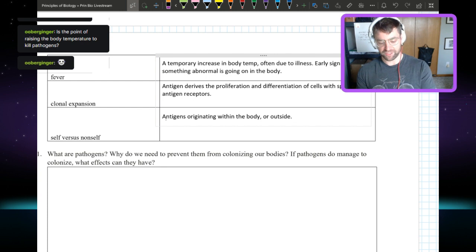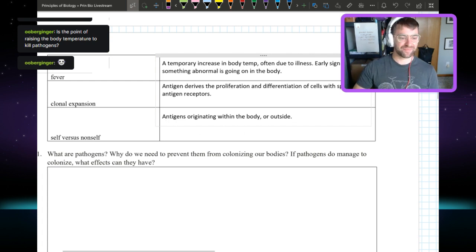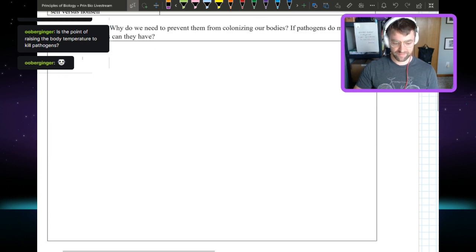Non-self, antigens originating outside the body. Would fever be considered an inflammatory response? Again, this is why it's complicated. You could theoretically have one without the other, right?